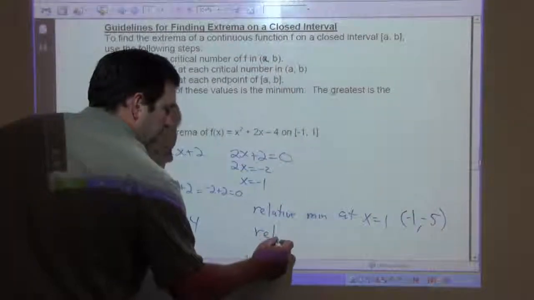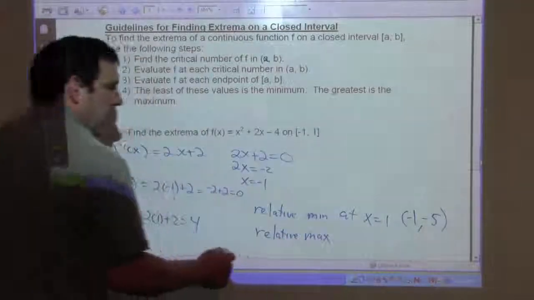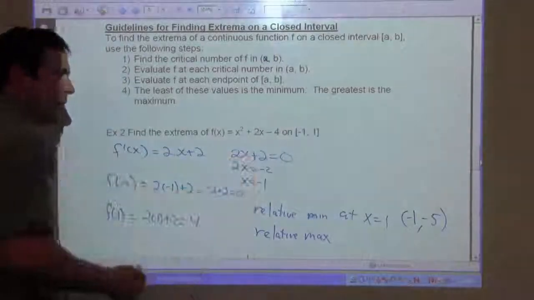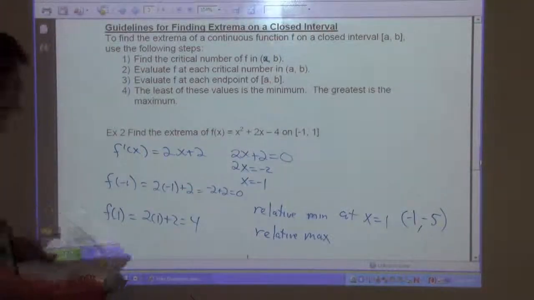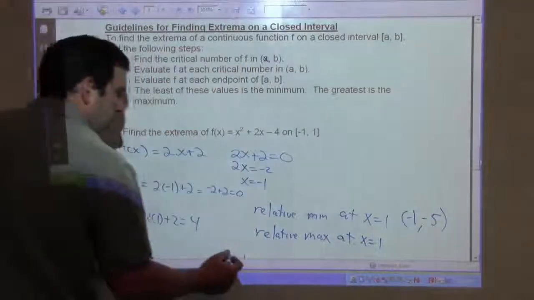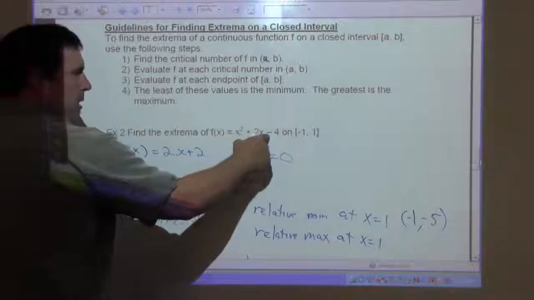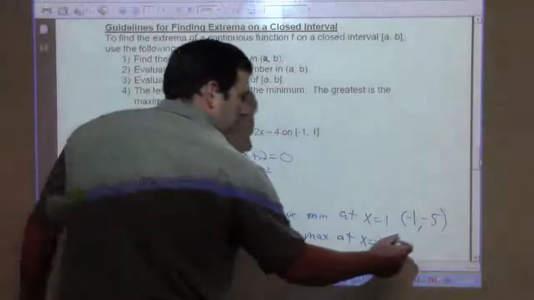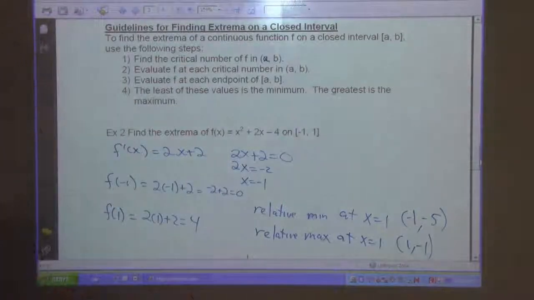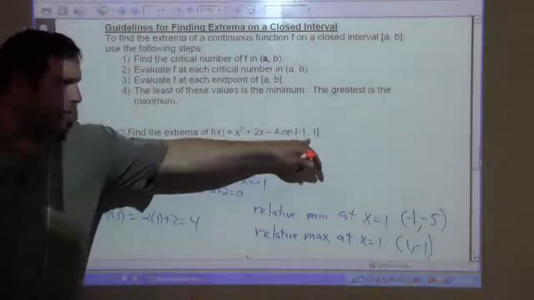And our relative max, this is not from a critical number, it's from one of the endpoints of the interval. So our relative max is at x equals 1. And so 1 squared plus 2 times 1, that's 2, that's 3, minus 4 is negative 1. And that's it. We have our relative min and relative max for the values on this interval.